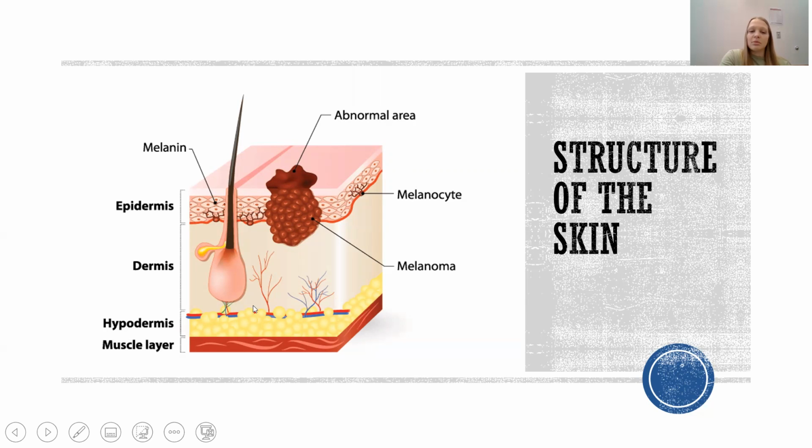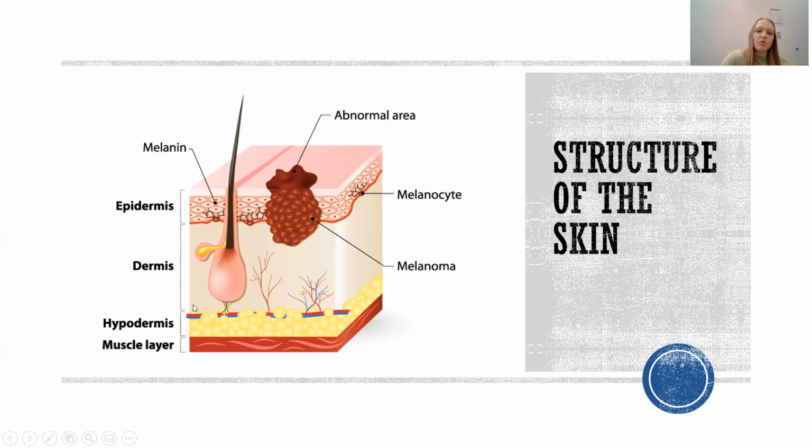These red and blue lines in the dermis, these are blood vessels. And when melanoma reaches those, it can actually spread to other areas of the body. It can be transported to the brain, liver, basically anywhere in your body. And that's when it becomes a real problem. So that's kind of the later stage of melanoma. So that's why it's a lot more fatal when it does get to the later stages.